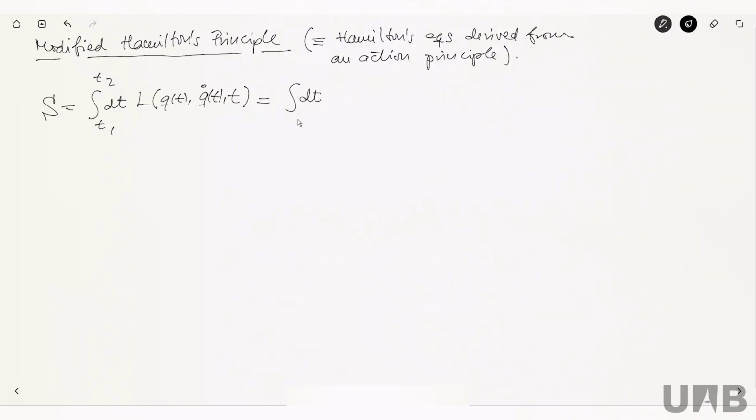We just write dt from t1 to t2, and we rewrite the Lagrangian in terms of a Hamiltonian. So that's going to be the sum from j equals 1 up to n. Now I do have to identify how many of these coordinates I have. I have little n of them, minus the Hamiltonian. It's a function of qj, pj, and t. Right? The Lagrangian can also be written in this fashion, okay? With p's and q dots and everything.